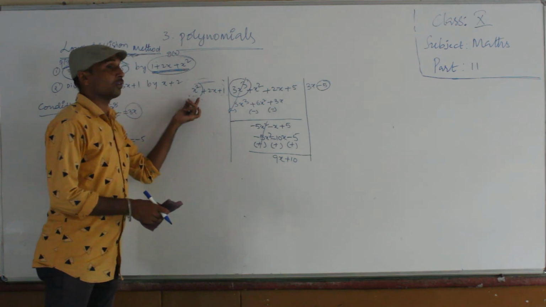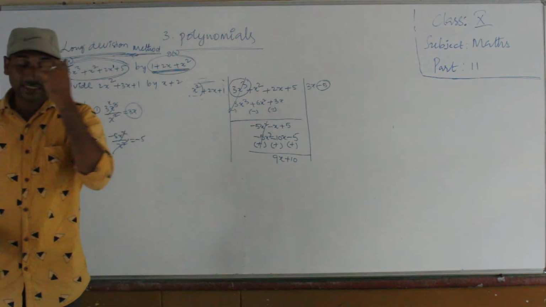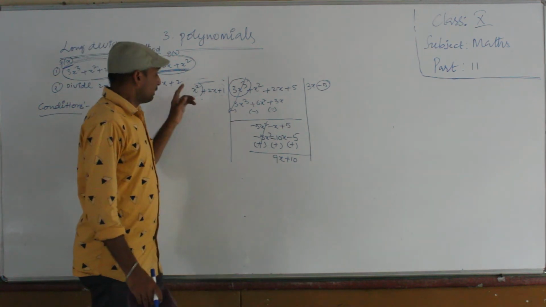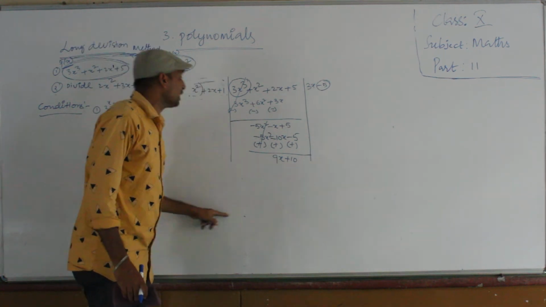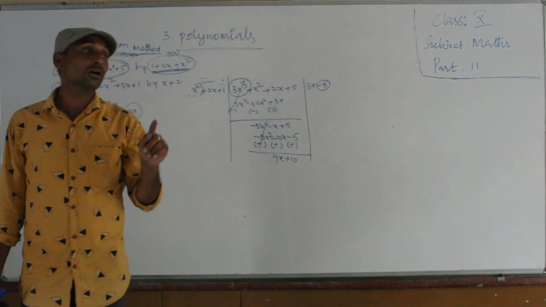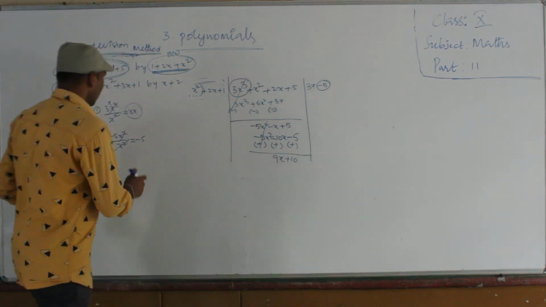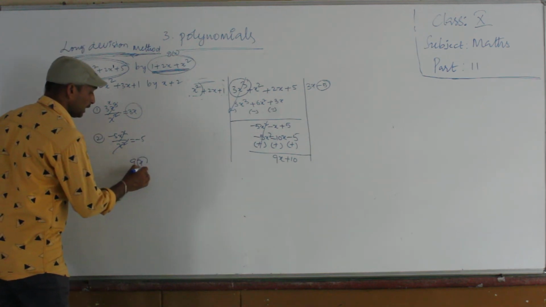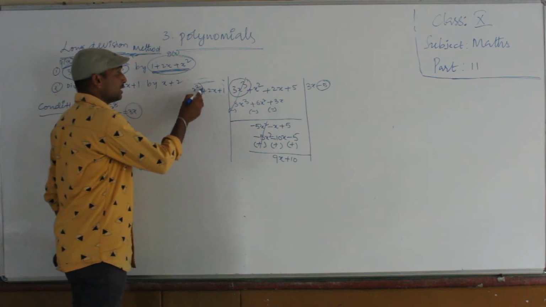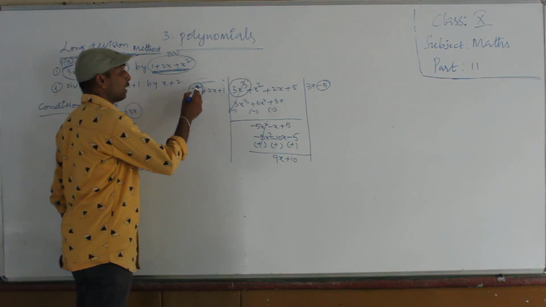9x by x square. But children, in the previous classes I told you the remainder is always less than the divisor. Here in 9x, x has power 1, and in the divisor x square has power 2.